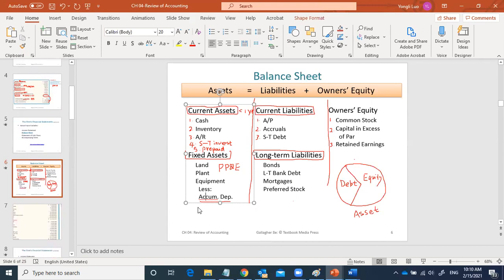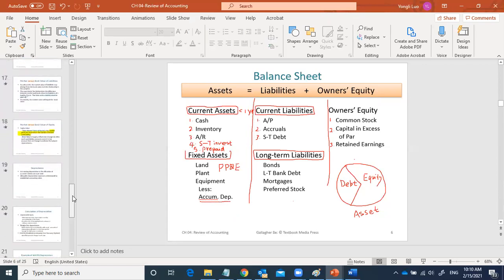And when you add the depreciation back in your statement of cash flows, the cash flow will be bigger. So that's how you handle the depreciation.